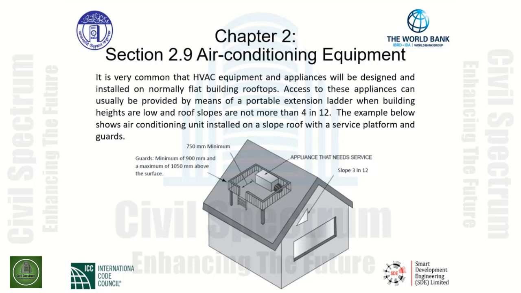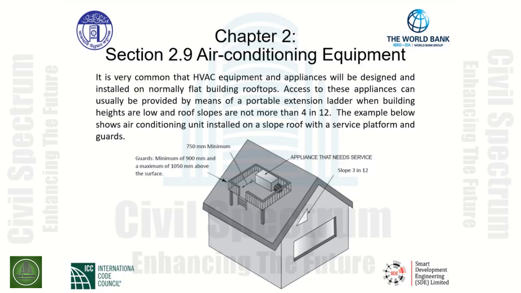The example below shows an air conditioning unit on a sloped roof with a service platform and guards. As we can see here, this particular example gives us a slope of 3 in 12.